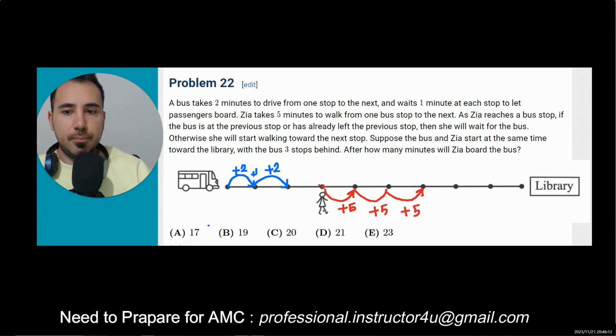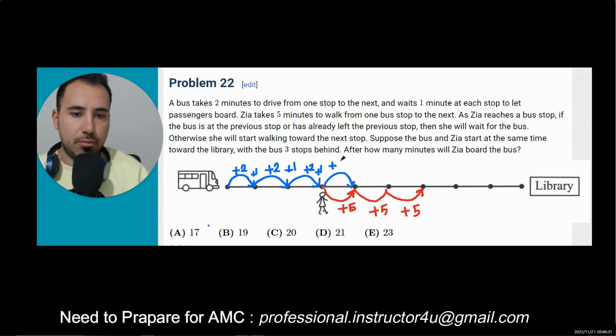So where is the bus now? The bus is plus 2, plus 1, plus 2, plus 1. Let me just change color. So 6 minutes so far. 8 minutes, plus 2 plus another one, 9 minutes. 2 and 1 again, this is going to be 12 minutes.